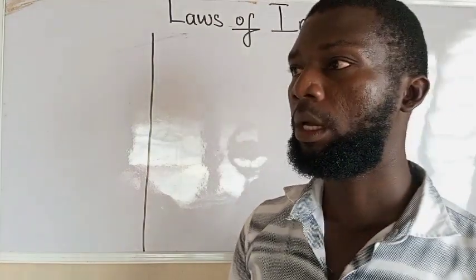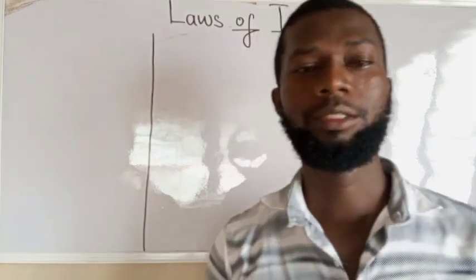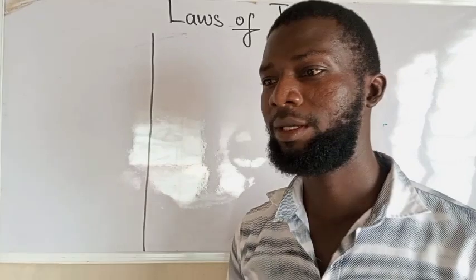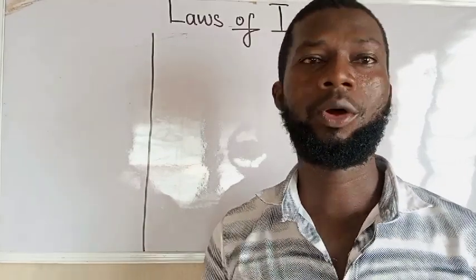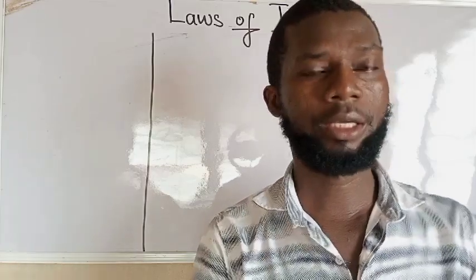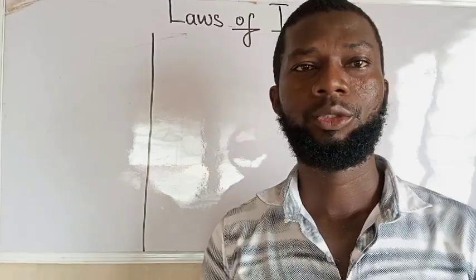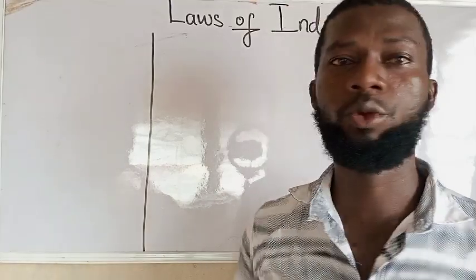So, the laws of indices. Now, what do we understand by the laws of indices? It's just like life in general, the laws of life. There are some laws you need to take in order to be on the right track. So, that's what we're going to be looking at now.